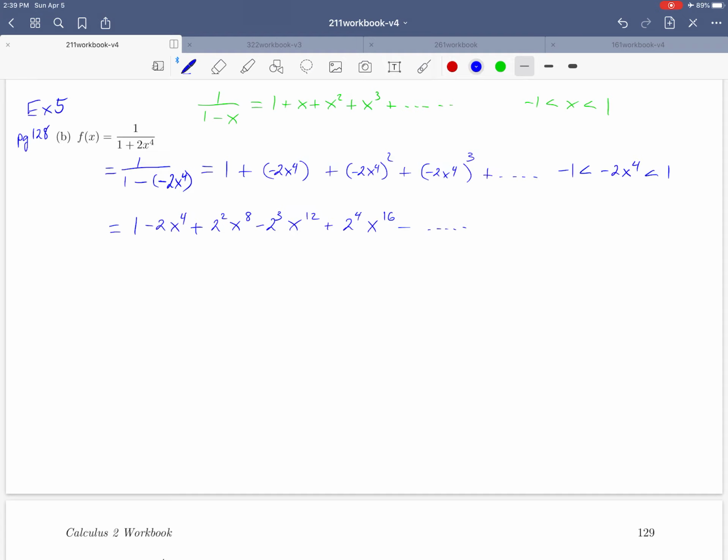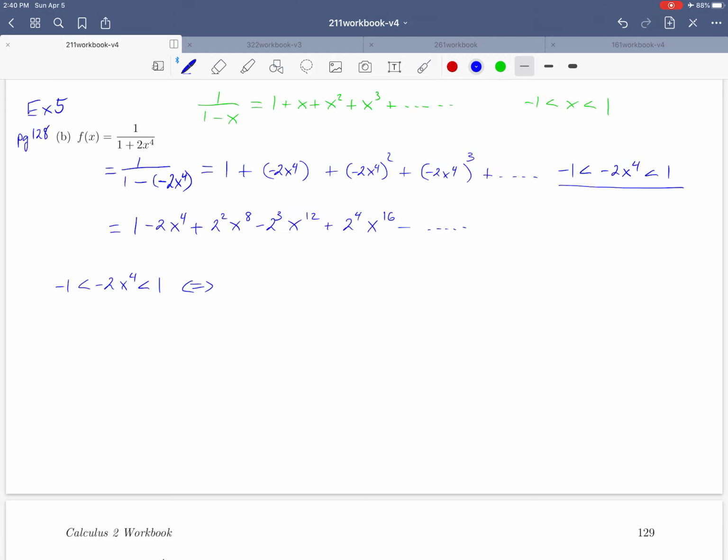We also want to pay some more attention to the interval of convergence. So let's look at that. I'm going to actually start over. I have minus 1 is less than minus 2x to the fourth is less than 1. This is what we have. And I want to solve for x. I want to describe for what values of x this series is true, the series converges.